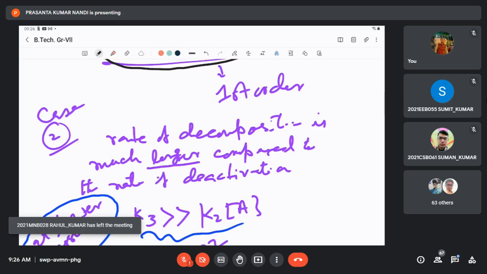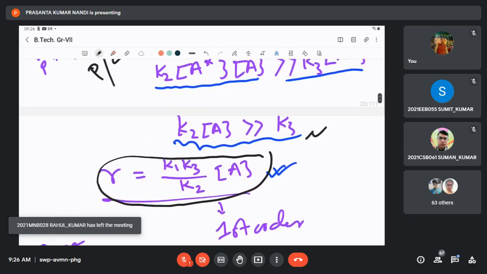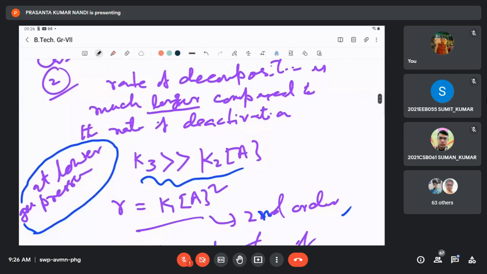And naturally, the inequality is K3 will be much larger than K2. Now, how can we justify this approximation, that is, how can we suppress the deactivation step and enhance the decomposition step?